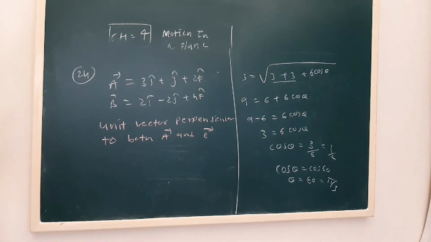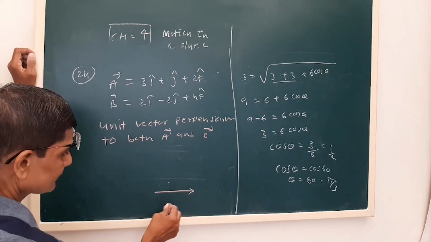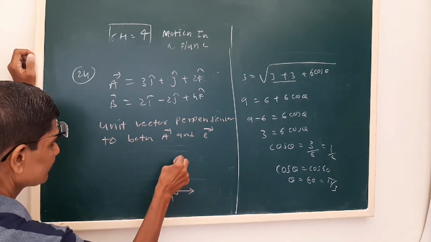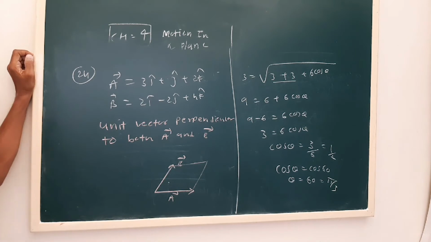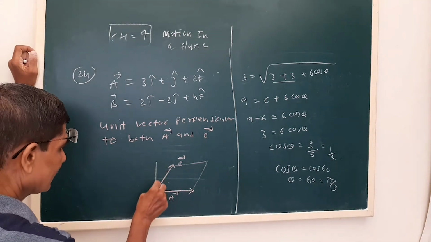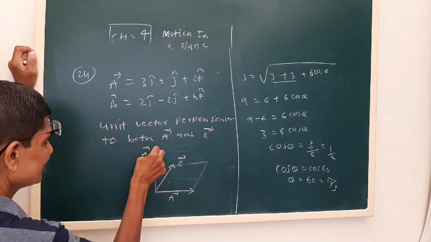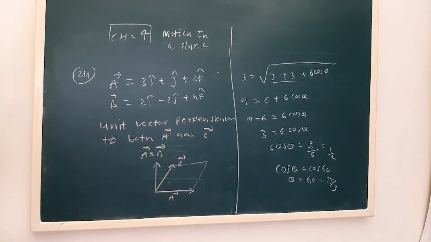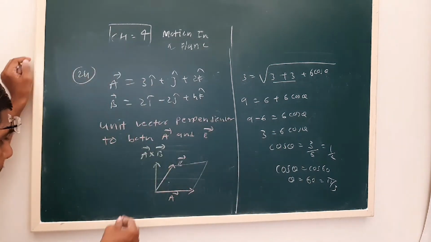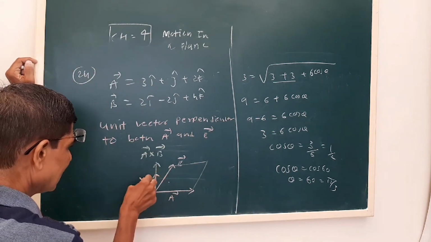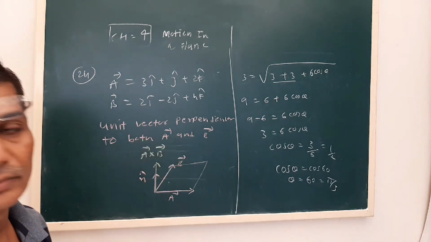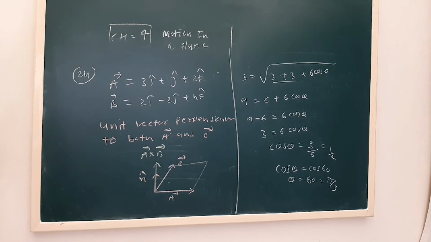Now we have seen in the properties of vector product, the resultant is perpendicular to the plane formed by vector A cross B. So this will be A cross B. And if I take a unit vector n caret, this n caret will be perpendicular to vectors A and B both.